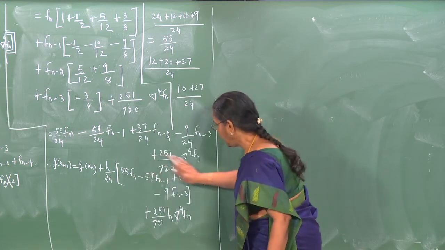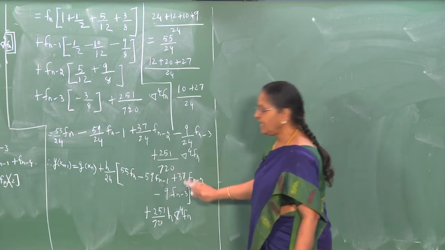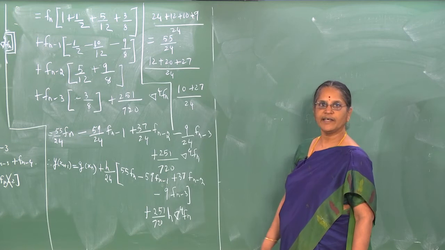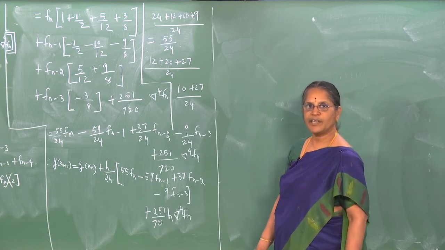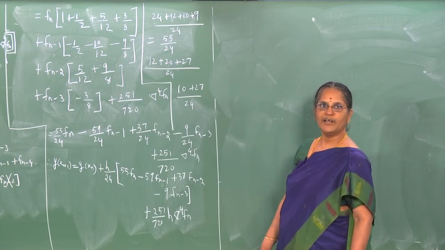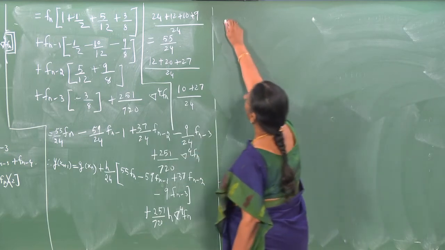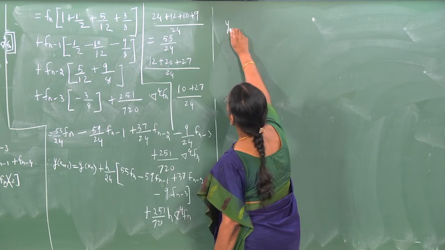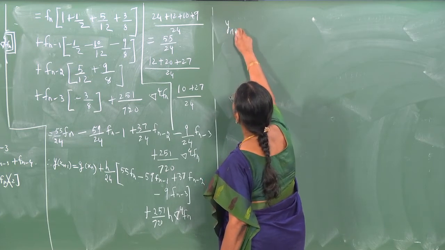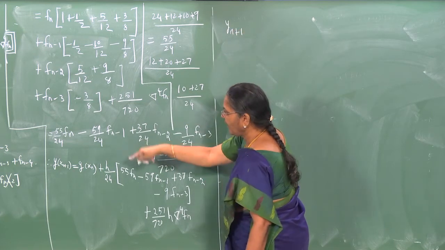And this was obtained by approximating the function f of x comma y by means of a backward interpolation polynomial for equally spaced points. So, the result that we get is an approximation value to y of xn plus 1.